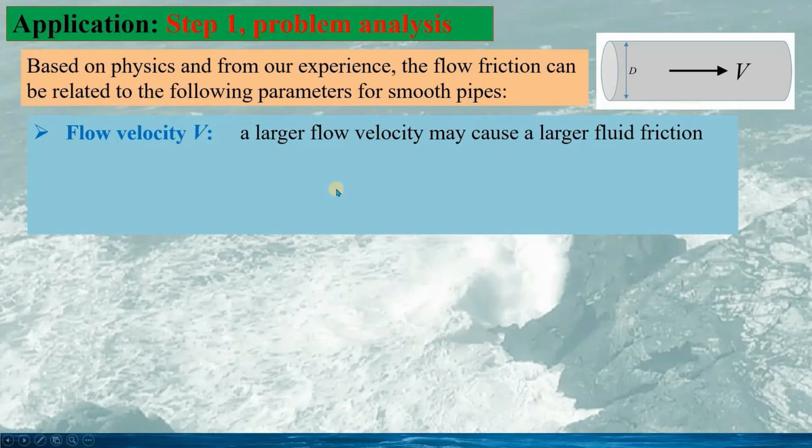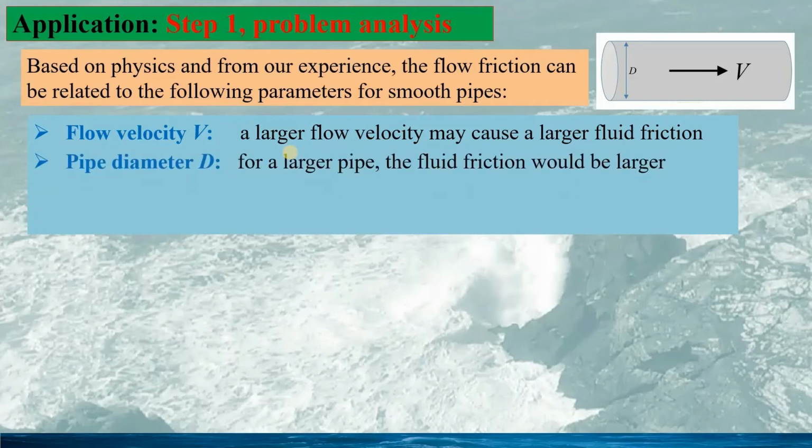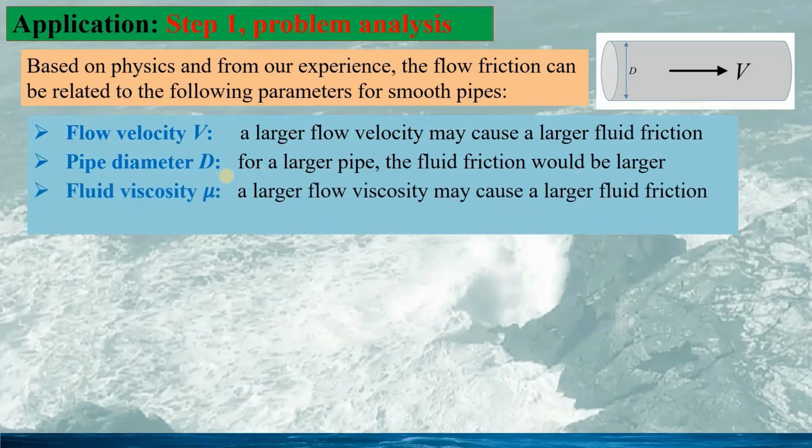Flow velocity: as we can understand, a larger fluid velocity might cause a larger fluid friction. Pipe diameter: for a large pipe, the fluid friction would be larger. Fluid viscosity: it is understandable that a larger fluid viscosity might cause a larger fluid friction.